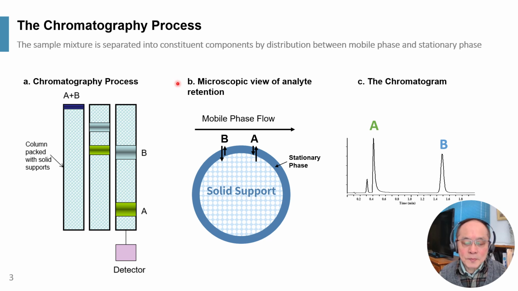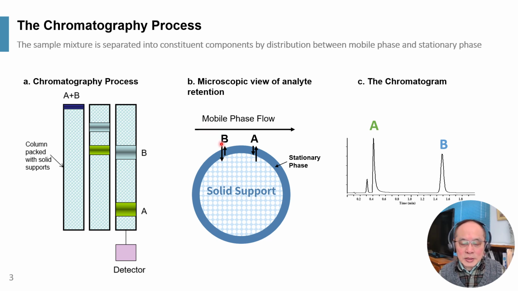In diagram B, we show you a microscopic view of the analyte retention. Shown here is a single solid support stationary phase, typically a porous silica material, bonded with some type of stationary phase. One can see the analytes A and B represented as single molecules traveling in the mobile phase flow.